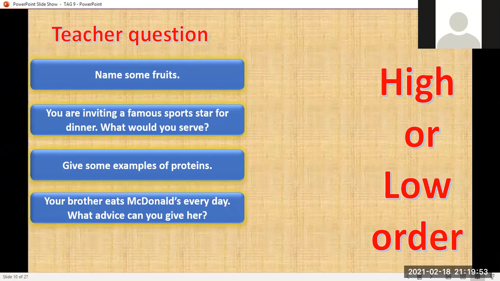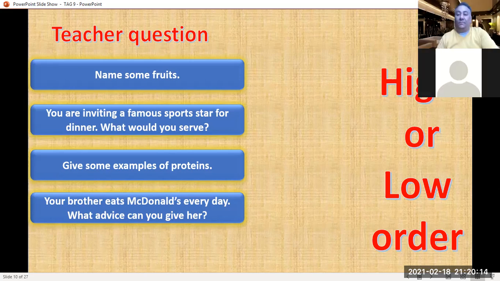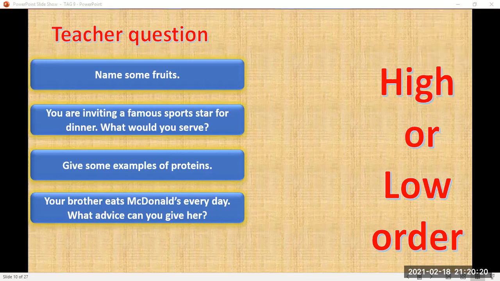When you teach the students about diet and ask the student to name some fruits, when you ask your student, please, Hani, name some fruits. Is this high or low order thinking skill? I think low, it's knowledge or remembering.